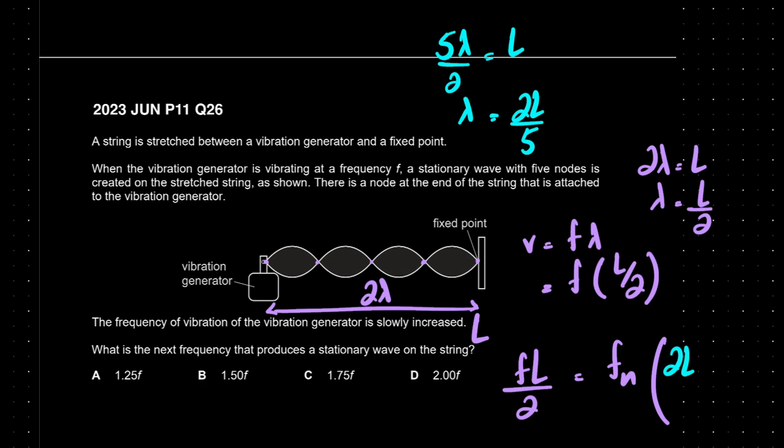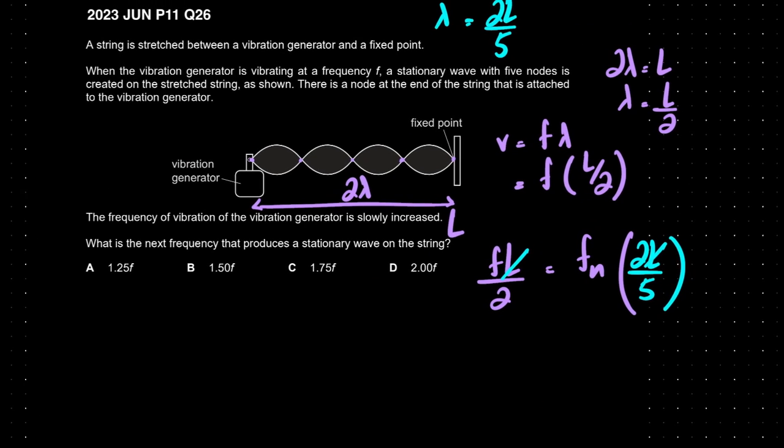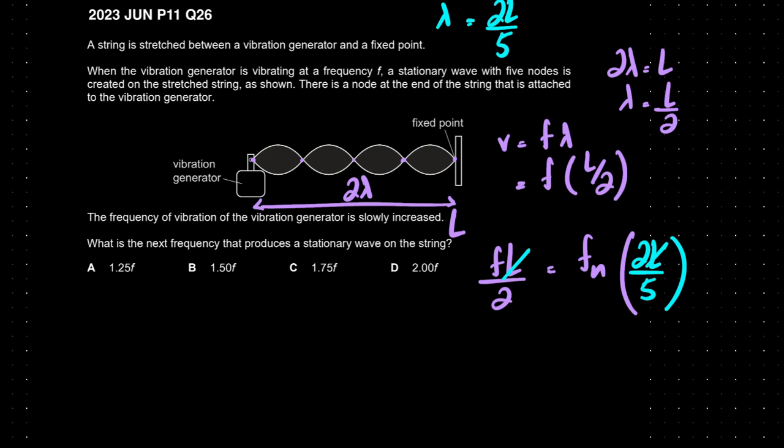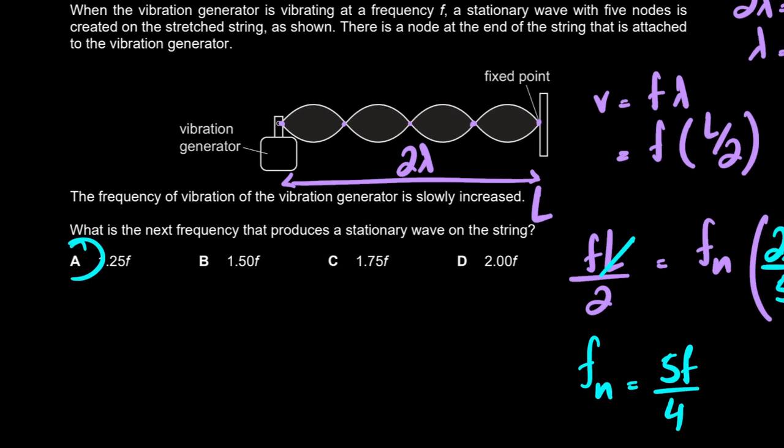So L's cancel out, and Fn, as you can see, it's going to be 5 over 4 F. So Fn is going to be 5f over 4, which is 1.25. So it's 1.25f.